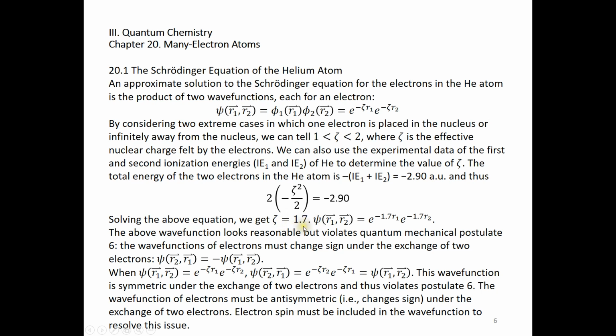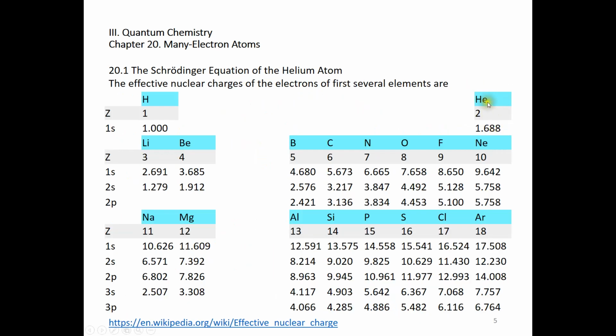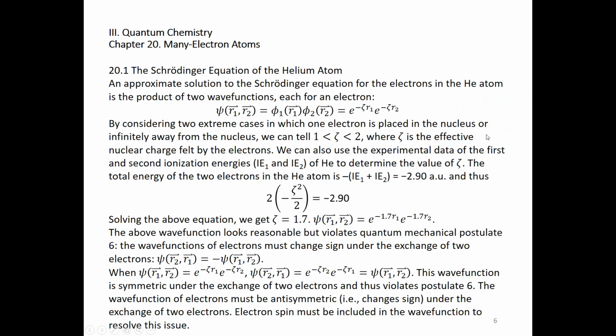So this value matches the value we got from this table. The effective nuclear charge of helium is indeed roughly 1.7. So we're good, and the wave function of the two electrons can be written as e to the power of negative 1.7 R1 times e to the power of negative 1.7 R2.